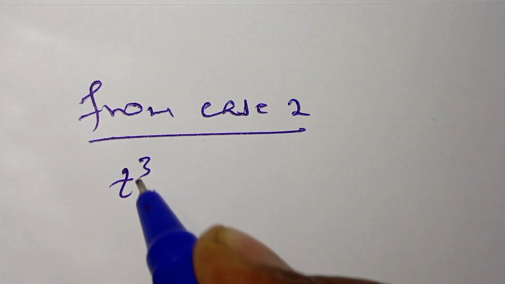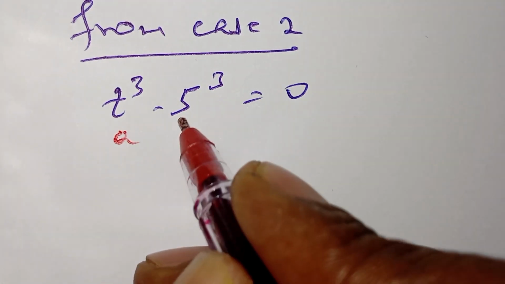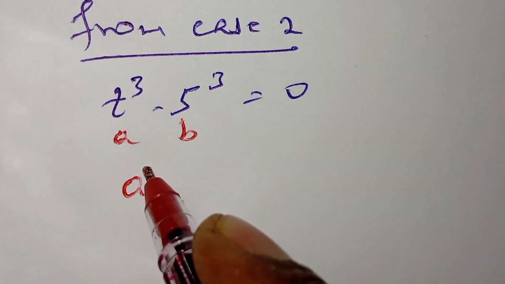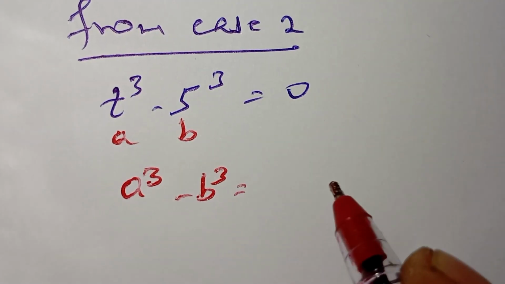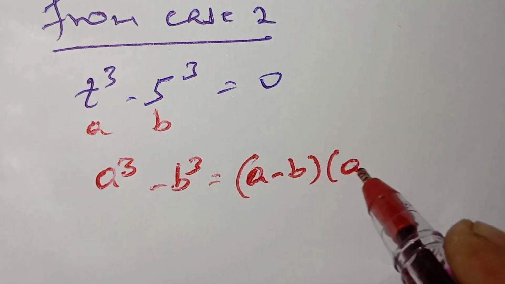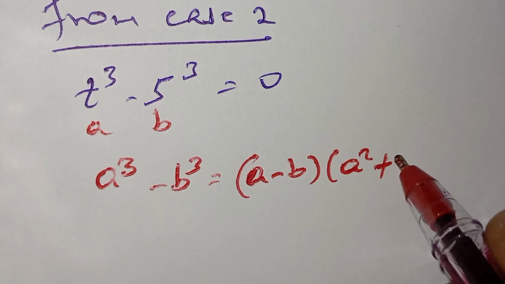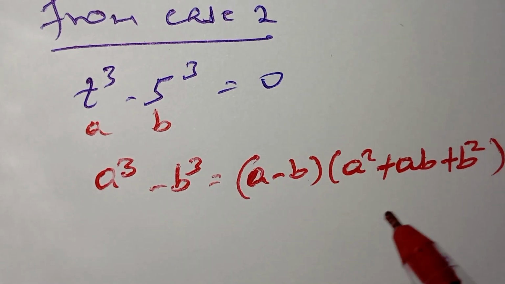From case 2, t to the power of 3 minus 5 to the power of 3 is equal to 0. If it is a and if it is b, a cubed minus b cubed is the same as a minus b times a square plus a times b plus b square.